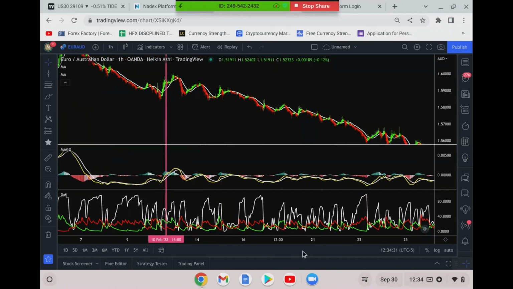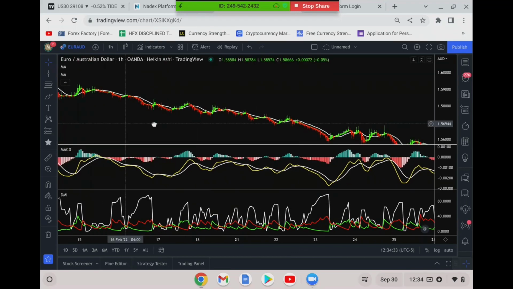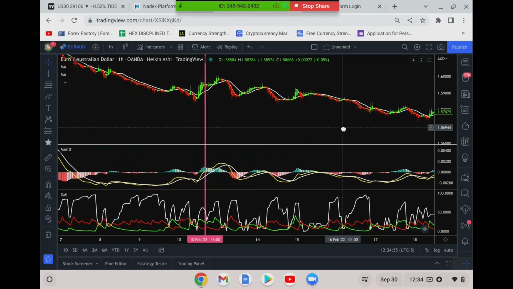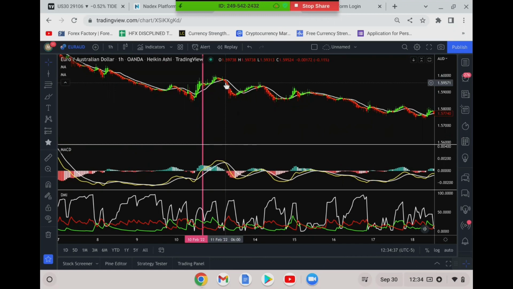So let's see. Up here for our moving averages, we did get a cross down, right? Our yellow is below our white. Down here on the MACD, we have the same thing. The yellow is below our white. Then down here on the DMI, we have our red above our green, letting us know that sellers are in control.